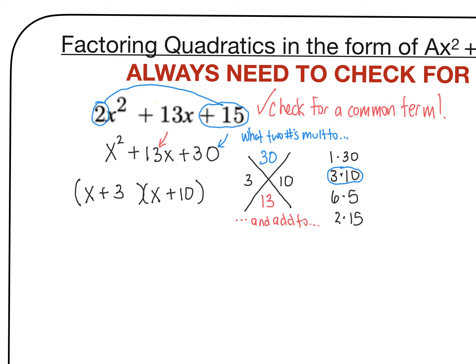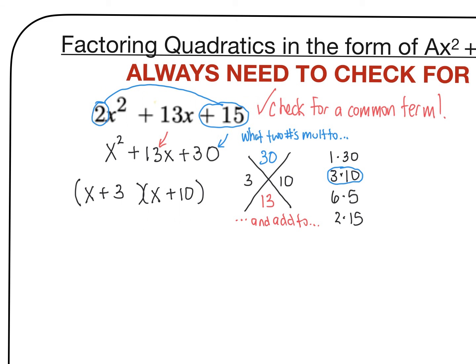When I knock this out, I have to do a last step, because if I were to multiply these back in, x times x is not going to be 2x squared. Something is missing here, because multiplying this back out, I wouldn't have what I started with, and we know that's a rule, that we multiply out to check if we're correct.